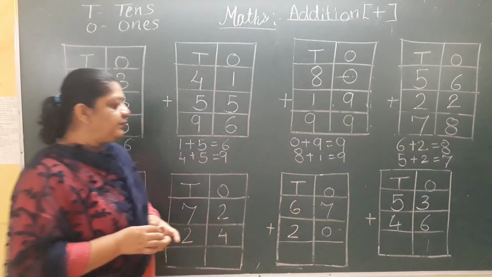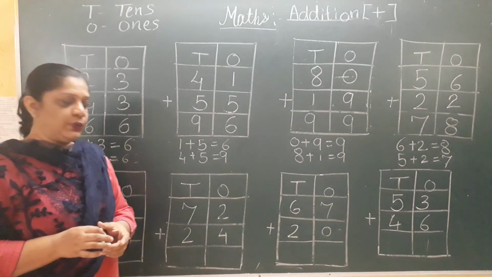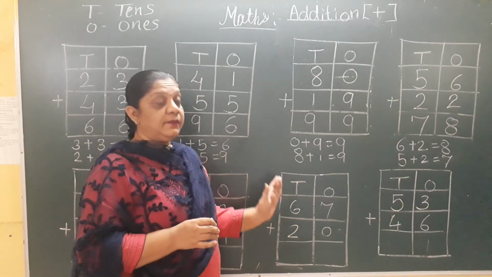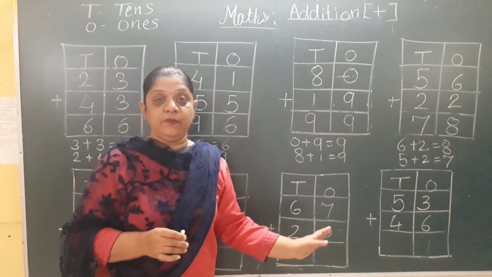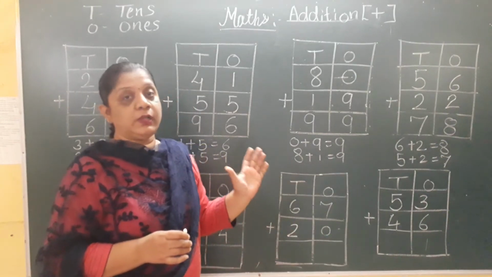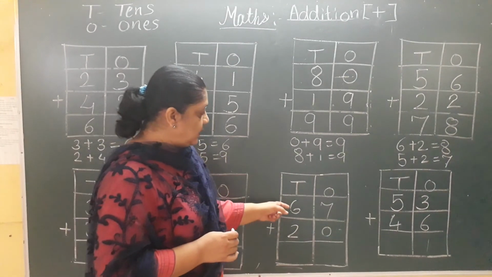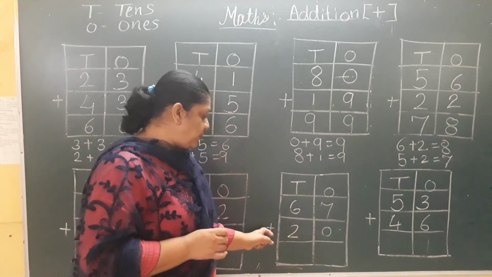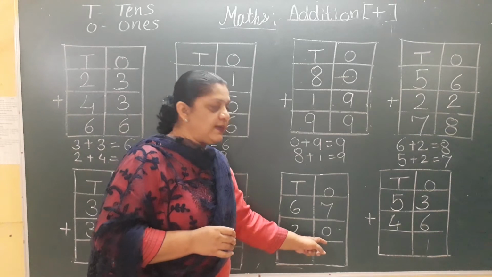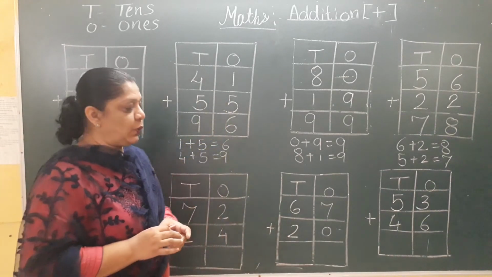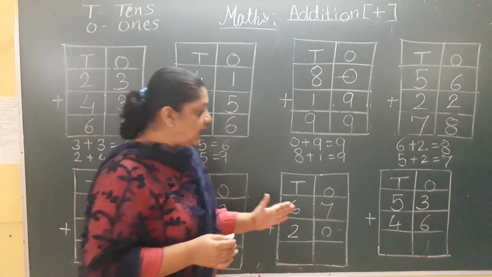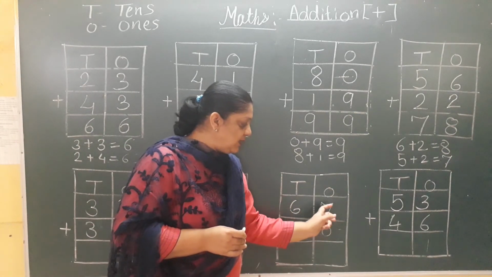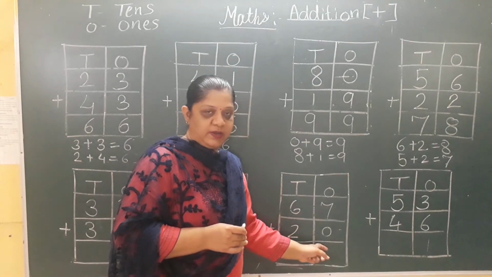Okay students, one more example I will show you. See, 0 is here. See students, how to solve this when 0 comes, you just see here. 6 tens and 7 ones means 67, plus 2 tens and 0 ones means 20. Again, start from ones. 7 ones plus 0 ones.